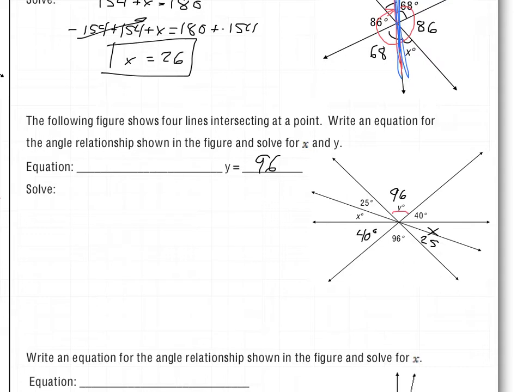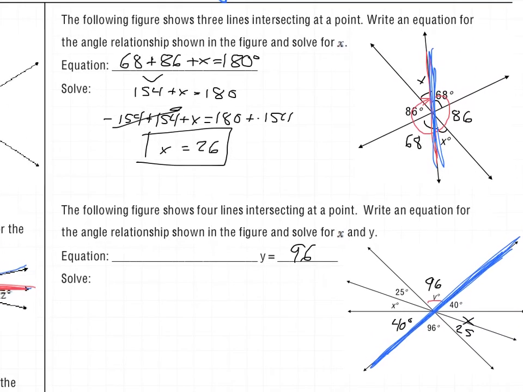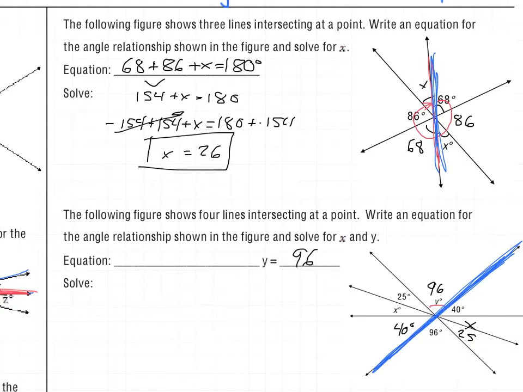Now we've got a bunch of different options here. We can use 180 degrees, or we could go all the way around. Again, given this option, I'm going to go with 180 degrees. There are a bunch of different 180 degree lines you can start with. I'm just going to choose this one. So that's going to give me the equation of 40 plus x plus 25 plus 96 is equal to 180.